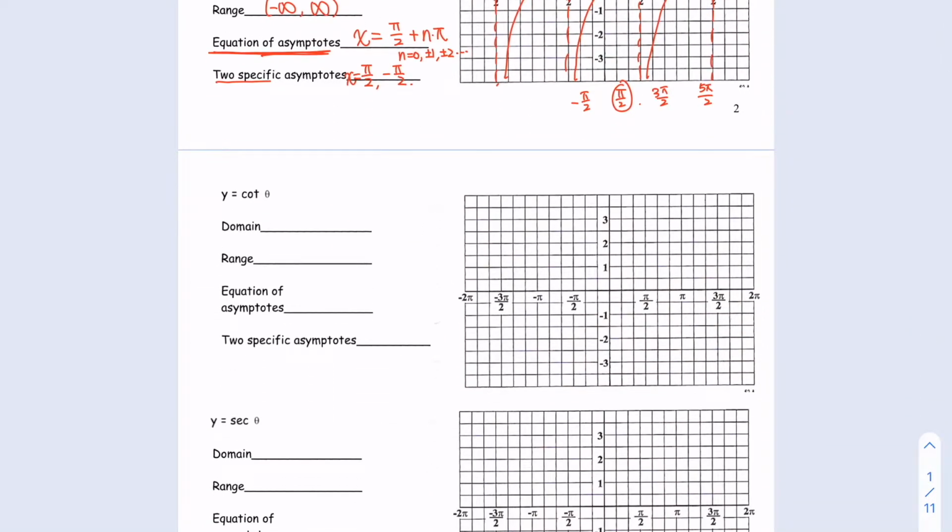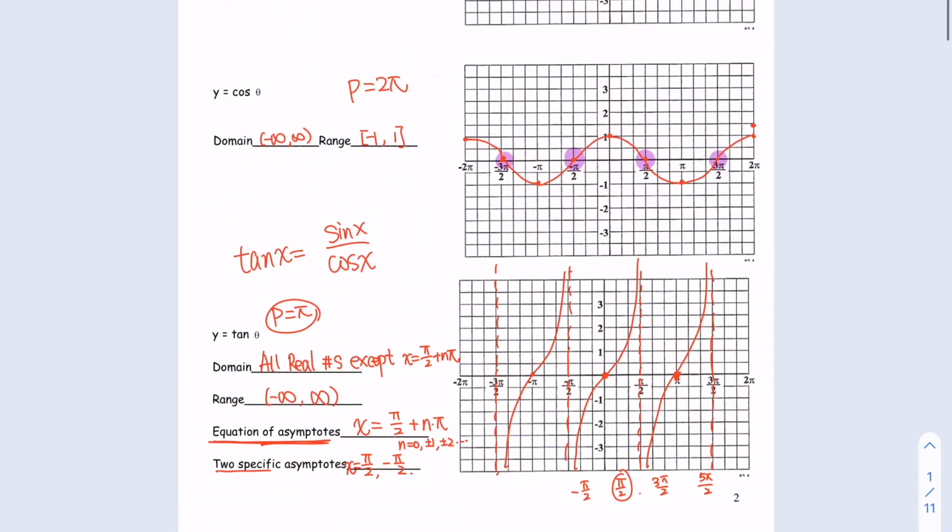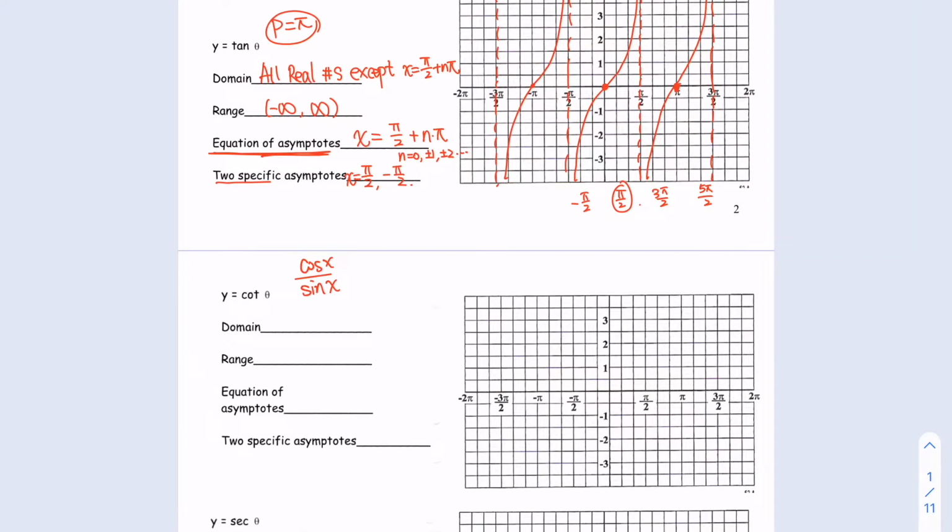Let's have a look at cotangent. So cotangent of theta equals cosine over sine. So whenever sine is 0, that will give us asymptotes. When sine equals 0, that means when x equals 0, pi, 2 pi, negative pi, negative 2 pi.